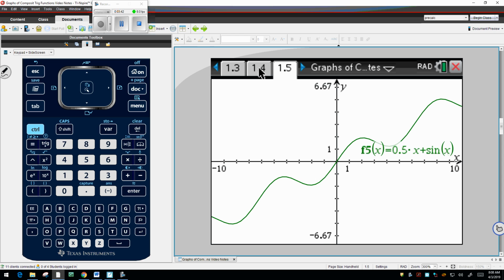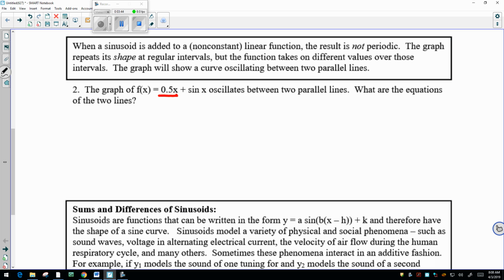So when we do this, things that we want to take note of is the amplitude. Amplitude is that value in front of the sine itself. I could say the amplitude on this is 1, meaning the height of the wave is going to be increasing up 1 or decreasing down 1.